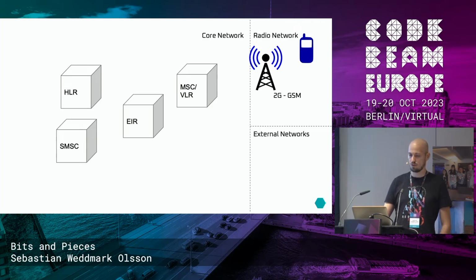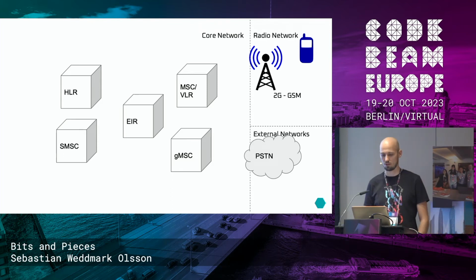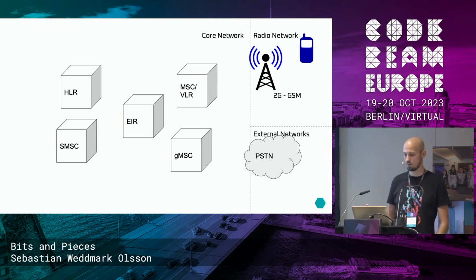You might also want some database for storing text messages before they can be delivered to other phones. And you might also want to make phone calls, so route traffic out to other telephone networks.